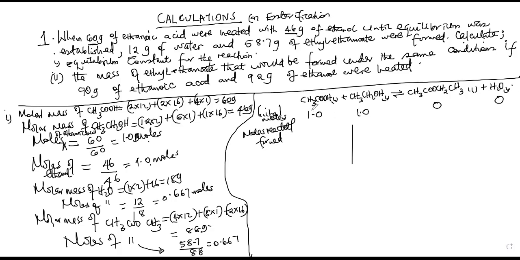Moles of ethanoic acid reacted are going to be equal to 0.667, because if the moles formed are these and the reaction ratio is 1 to 1 to 1, they are the same throughout: 0.667, 0.667, 0.667.